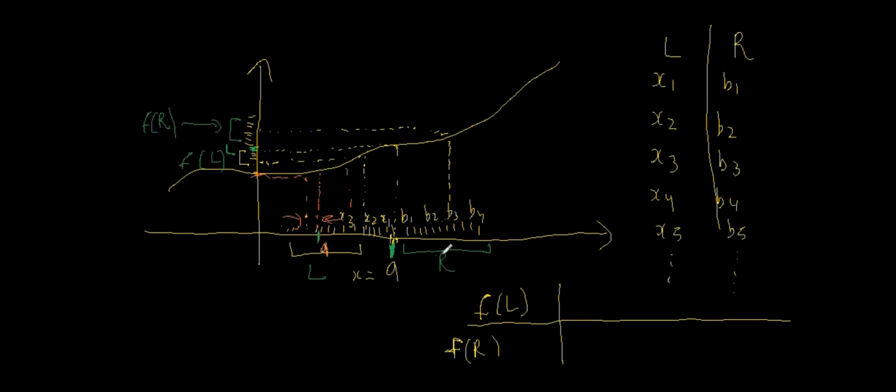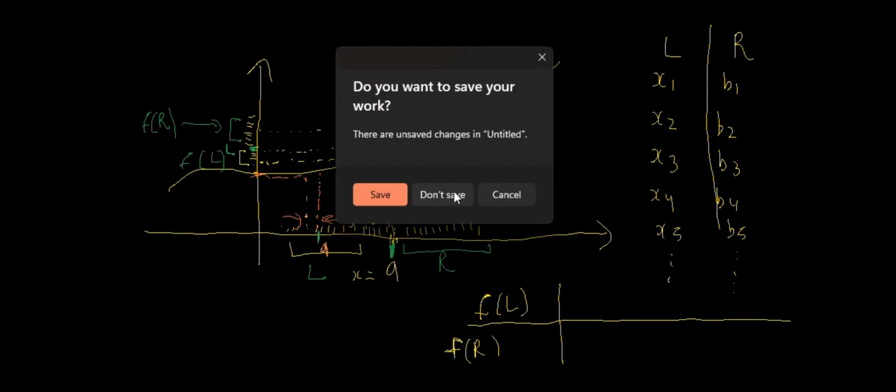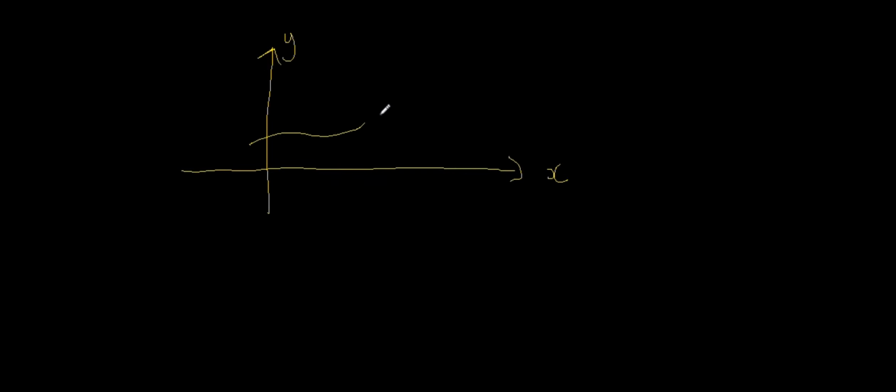It's basically you want to investigate the behavior of a function around a certain point. So I'm going to unclutter this. Draw back a Cartesian plane of a random function.